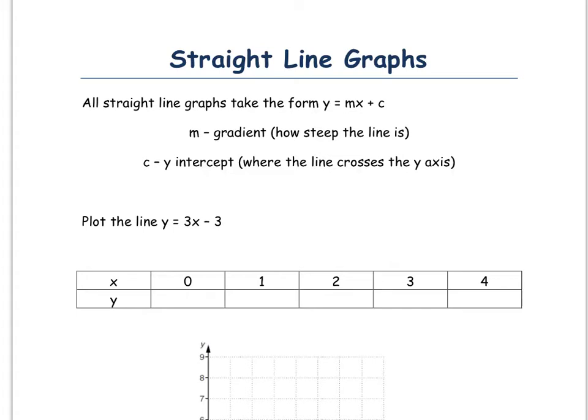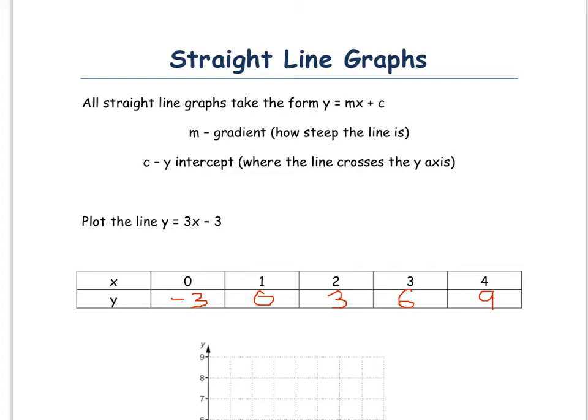So, 0 times 3 is 0, minus 3 gives us a y coordinate of minus 3. Put 1 in, so 3 times 1 is 3, minus 3 is 0. Put 2 in, so 2 times 3 is 6, minus 3 is 3, etc. And you get the value when you put 3 in, y is 6, and if you put 4 in, you get y value of 9.